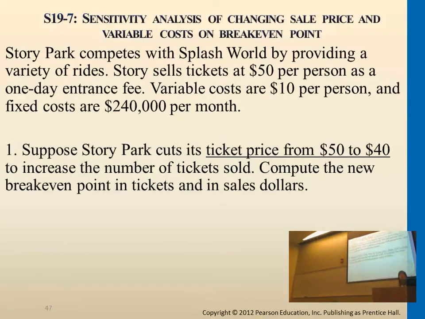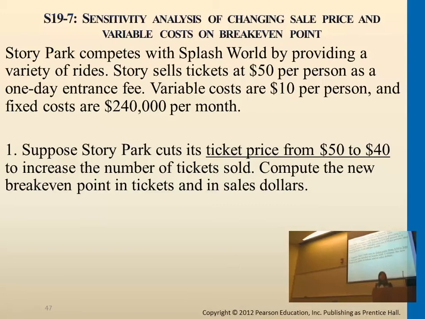Okay, let's do a few problems on the concepts that we talked about last Friday and also margin of safety. Make sure you understand this. For this question, the Story Park company competes with Splash Worlds and again sells tickets at $50 per person. That's the sales price per person. Variable cost is $10. Fixed cost is $240,000.